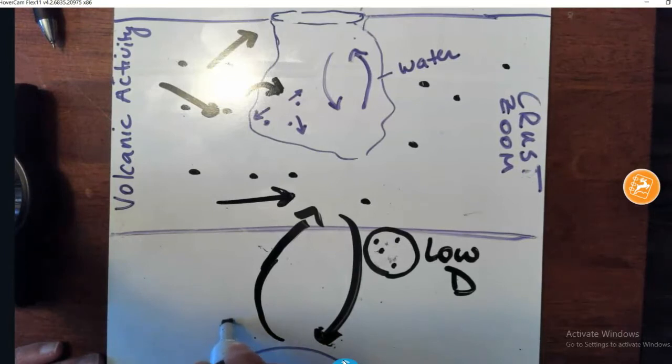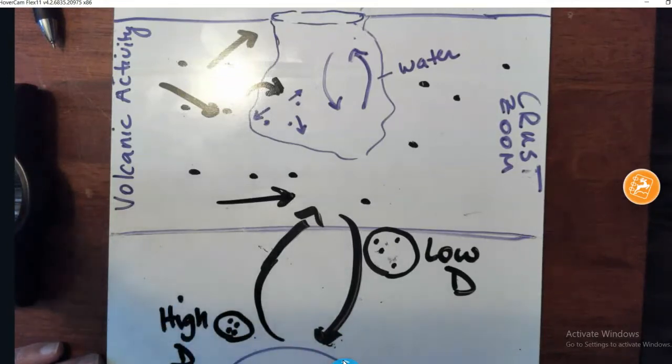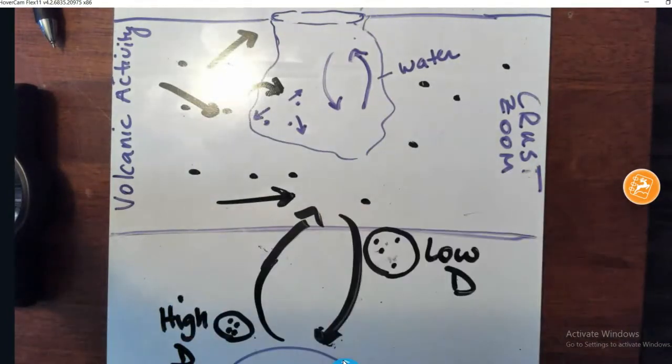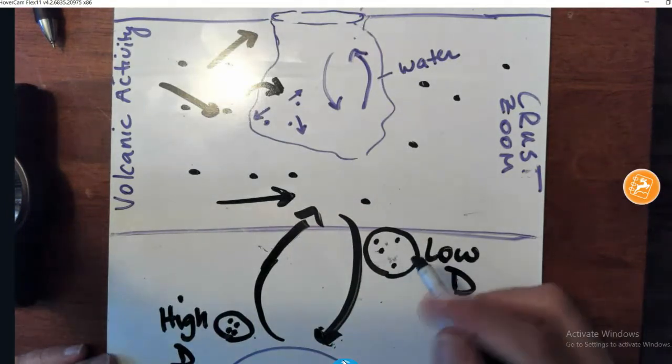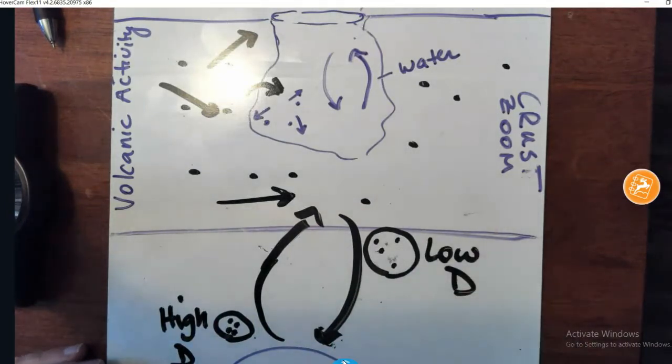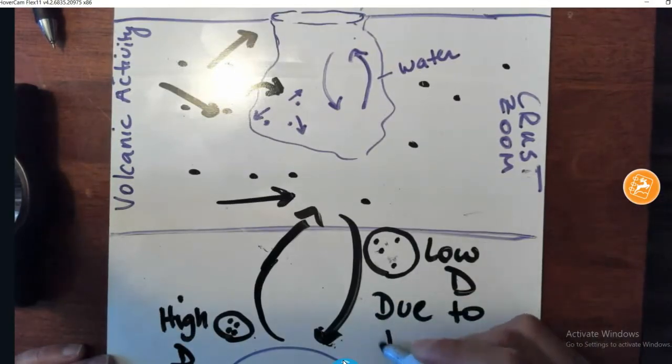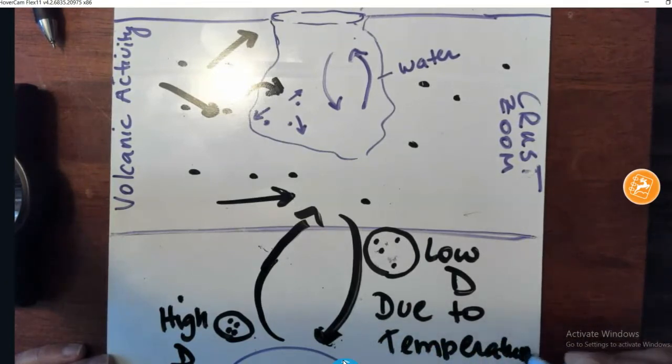And I'll show here that sinking happens because of high D. So low density, high density, that's how the convection is happening, right? And I would say somewhere here, due to temperature. It's hard to see, due to temperature.